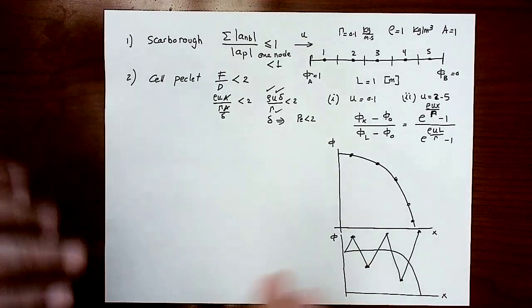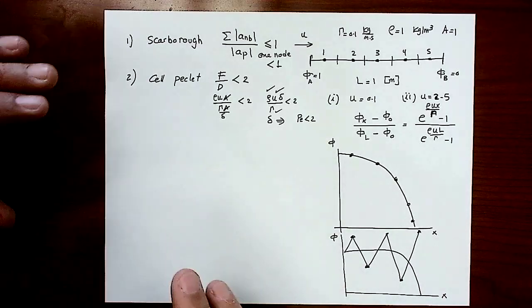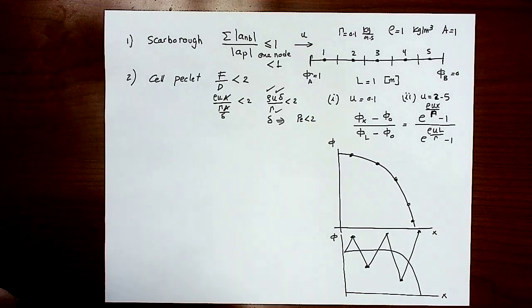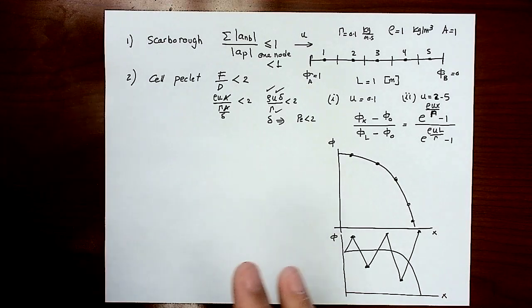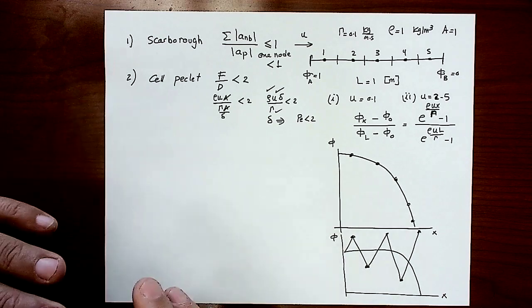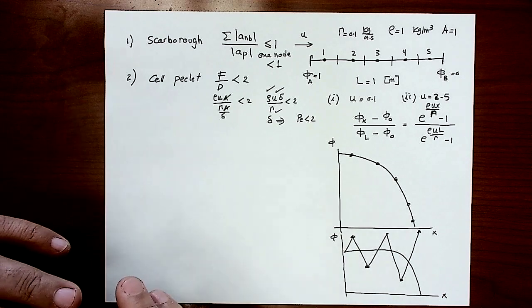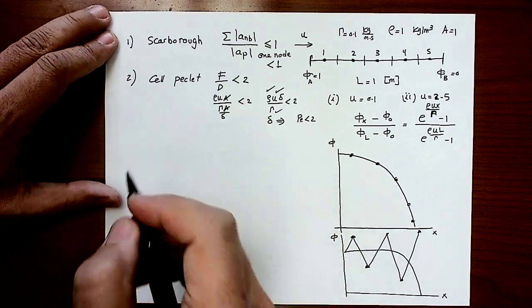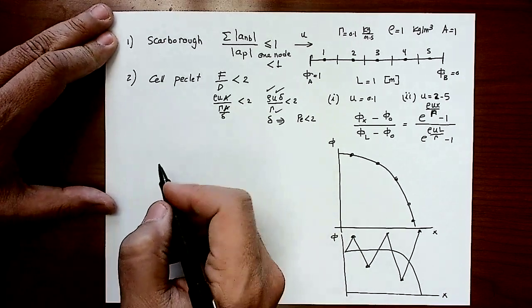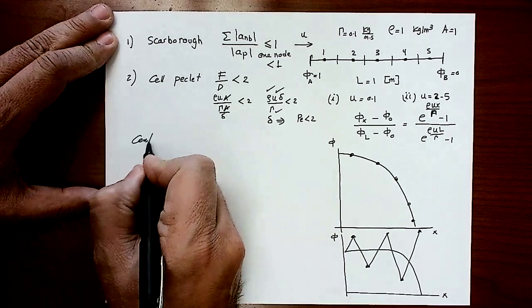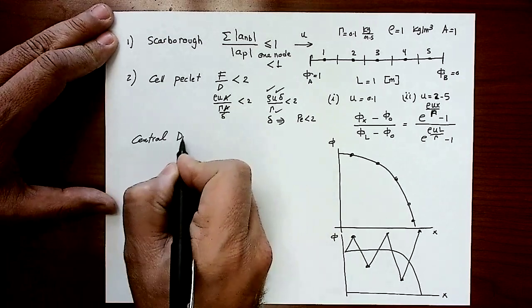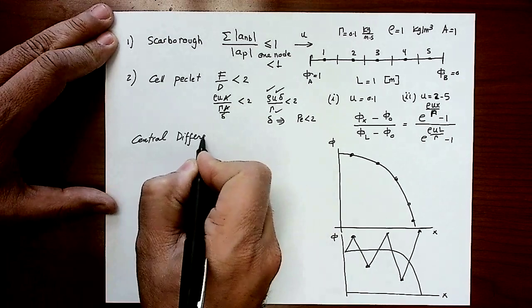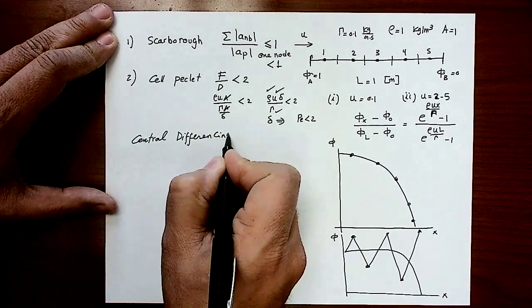So this is a summary of the central differencing scheme for diffusion and convection problems. The central difference scheme is great for convection-diffusion problems when you have a small Peclet number. These are the characteristics, or the advantages, of using the central differencing method.